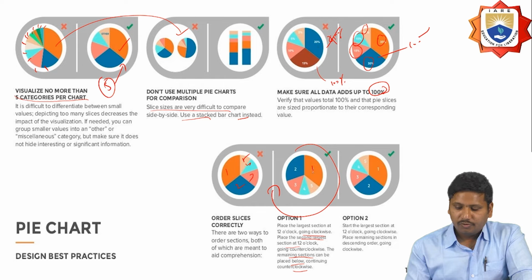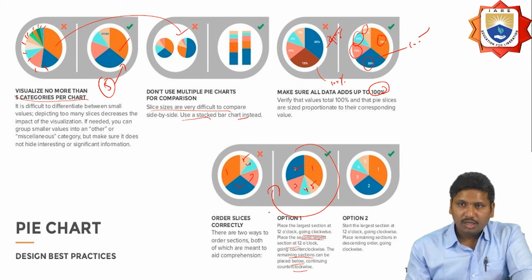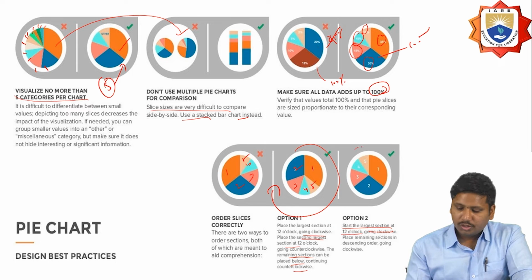So we place the first, second biggest, third biggest, fourth biggest and fifth biggest. We go from the biggest to the smaller values. The second option is to start the largest section at 12 o'clock and go on counterclockwise. This one should also be acceptable.